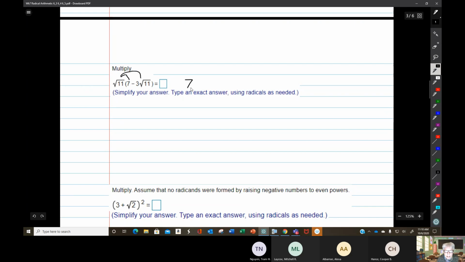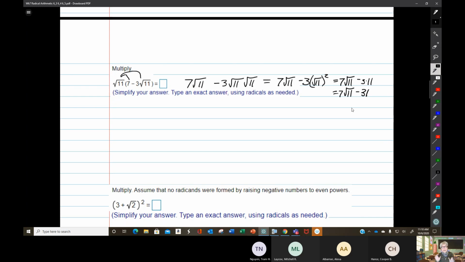So you're going to have 7 times the square root of 11 minus 3 times the square root of 11 times the square root of 11, which will be 7 times the square root of 11 minus 3 times the square root of 11 squared, which will be 7 times the square root of 11 minus 3 times 11. So you will have 7 times the square root of 11 minus 33.